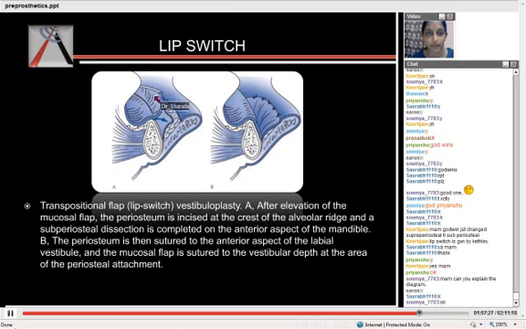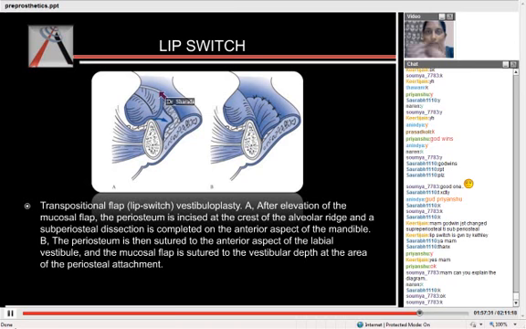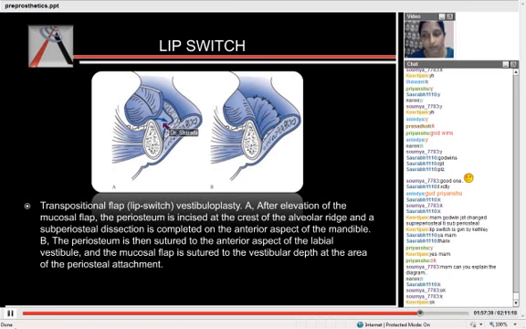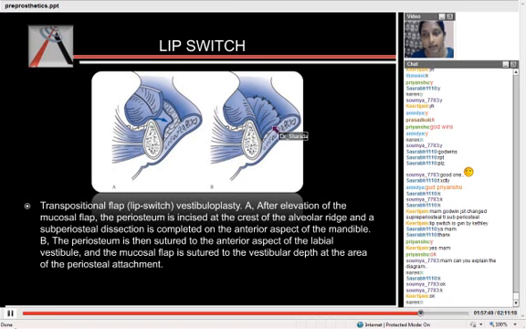Lip switch means they switch the flaps. This flap from the lip, where the arrow is pointing, was put onto the bone, and the flap from the bone was put and sutured to the lip. Can you see this portion sutured here onto the lip? Okay, so I got it?